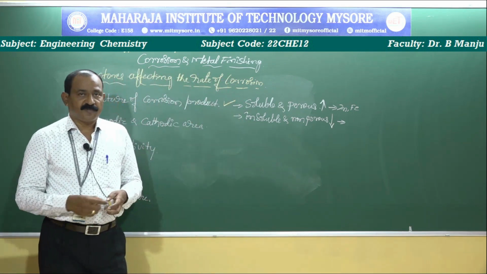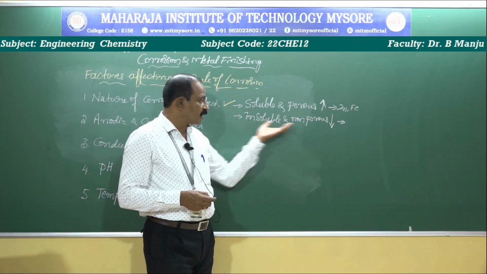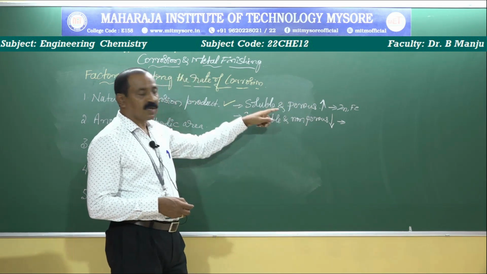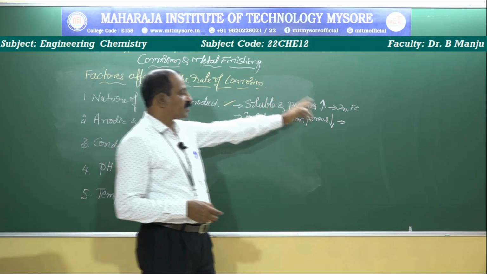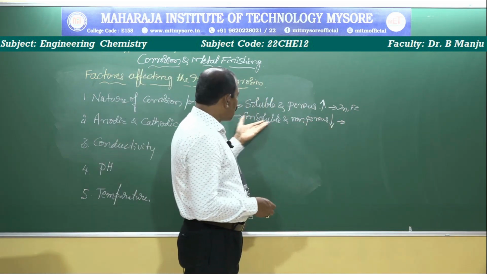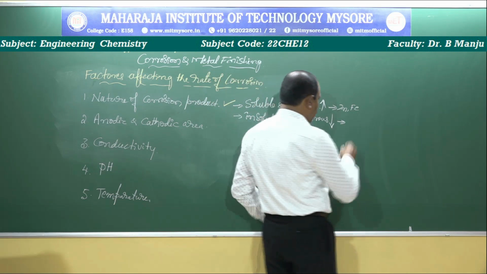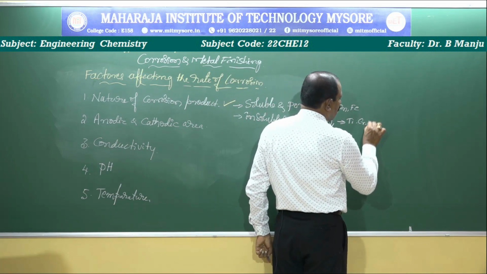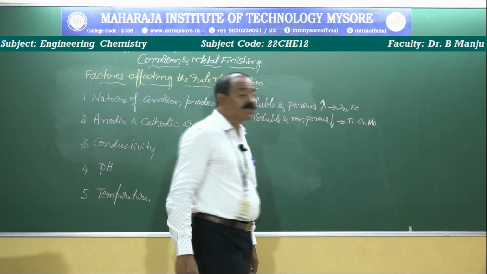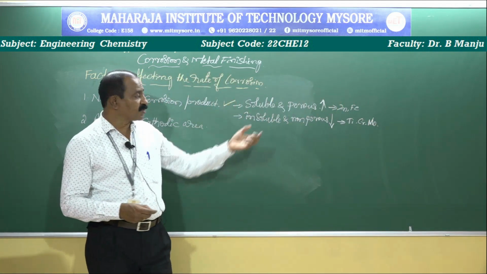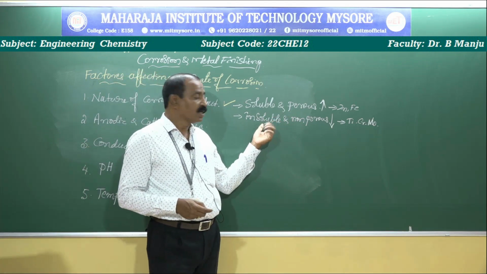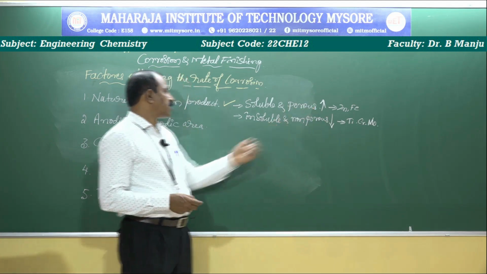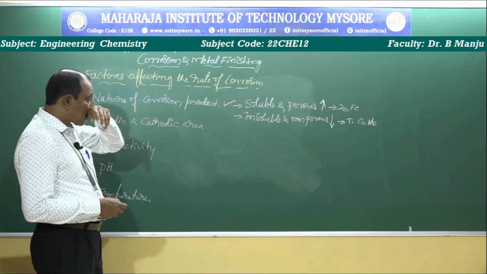If the primary product of the metal is insoluble in water and non-porous, then the rate of corrosion decreases. Soluble and porous, rate of corrosion increases. Examples of non-porous and insoluble products are titanium, chromium or molybdenum, etc. These metals undergo corrosion and form a layer that is insoluble in water and non-porous, so the rate of corrosion decreases. This is the example of nature of corrosion product.